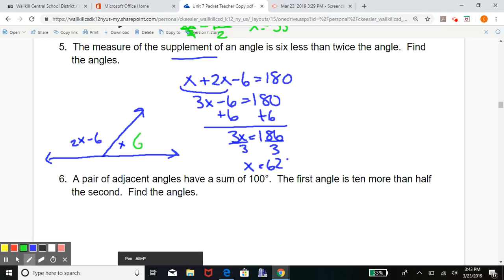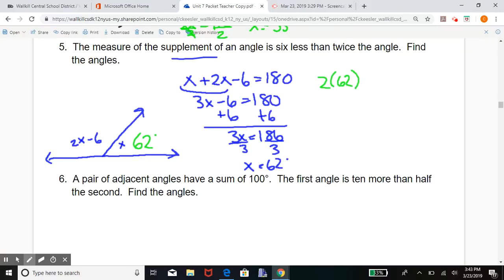So that means this one angle is 62 degrees. And then we're going to plug that back in. 2 times 62 minus 6 is going to give us our other angle. 2 times 62 is 124. Minus 6 is 118. So this angle here is 118 degrees.